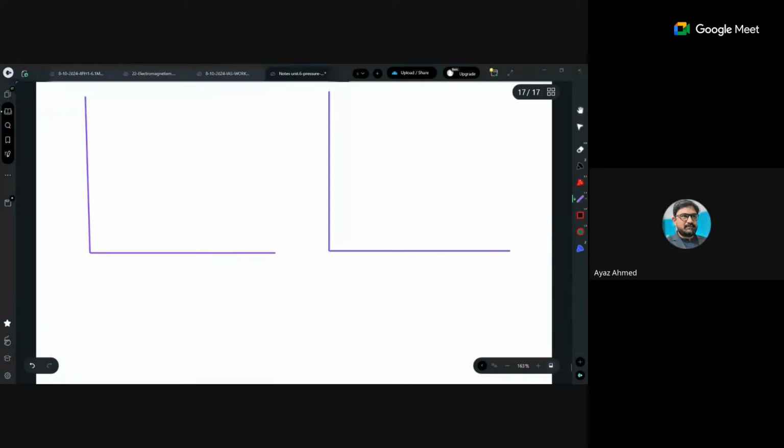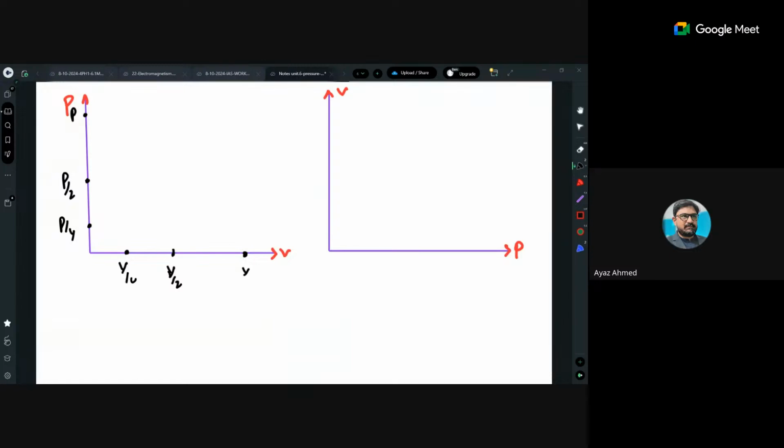Don't worry, this is your pressure and this is your volume. Let's say this is your P, so this will be your P by 2, pressure is half, and this is your P by 4. And if this is your V, this is your V by 2, and this is your V by 4.